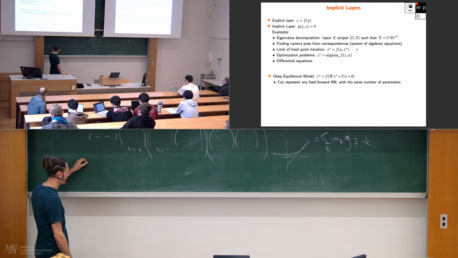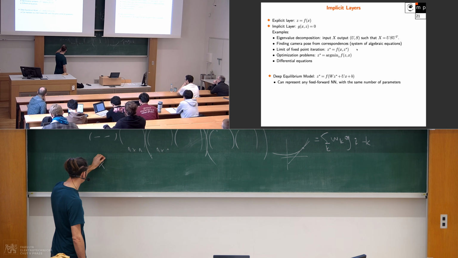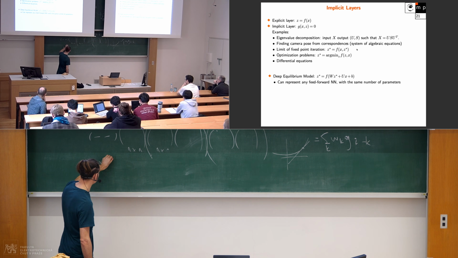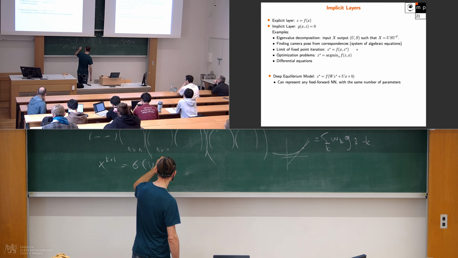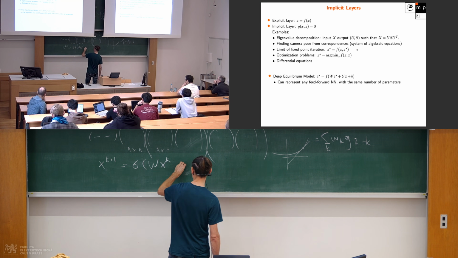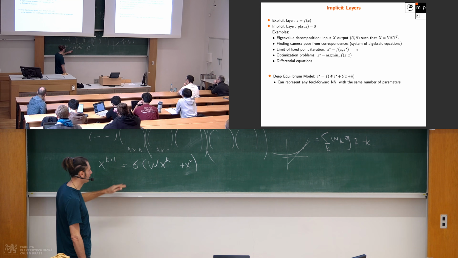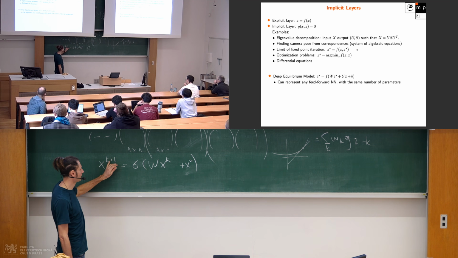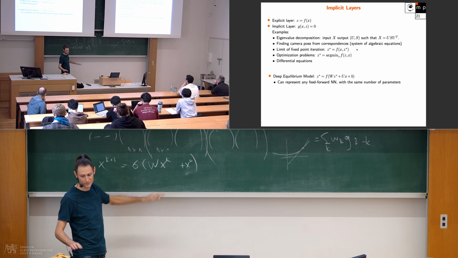So if you have some time iteration like this, x_{k+1} is maybe some sigmoid function of W x_k plus x0, where k is the time, you iterate this again and again, and then it does something.